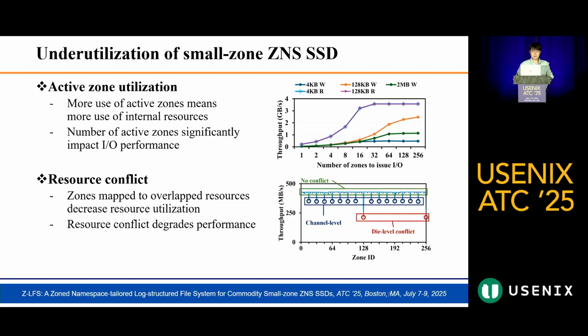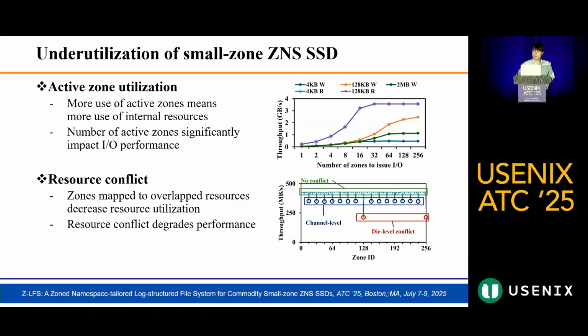Due to the fine-grained mapping, less utilization of active zones means less utilization of internal resources in the device. The figure on the upper side shows the impact of active zone utilization on I/O performance. As more zones are used for I/O, read and write performance improve. This shows that active zone utilization, or zone-level parallelism, significantly impacts I/O performance.